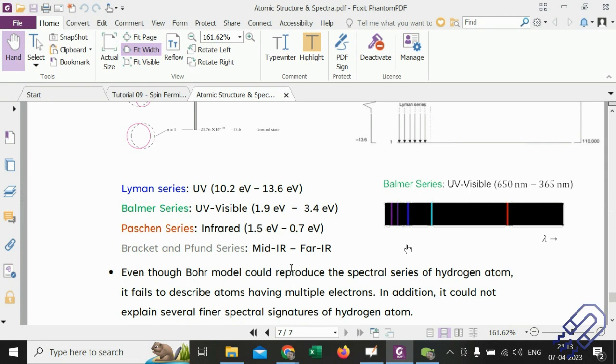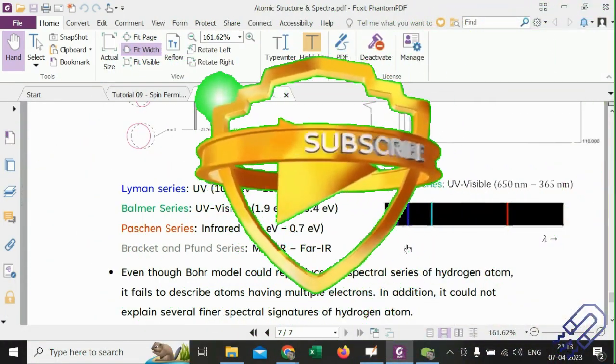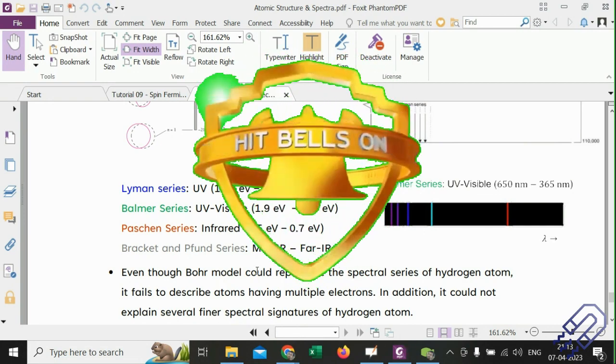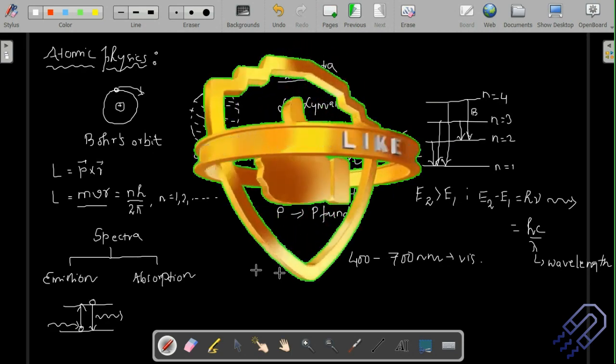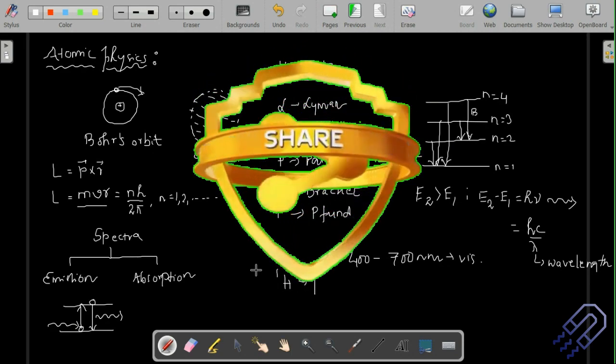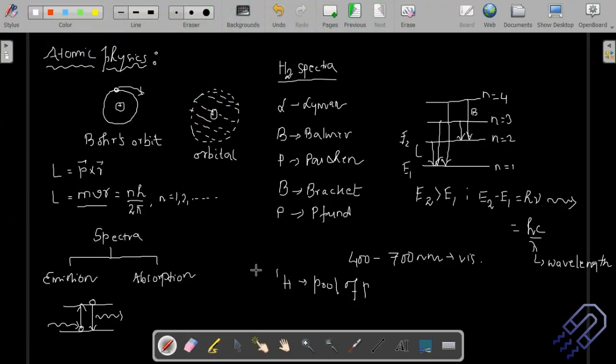Bohr could explain a part of quantum mechanics, but when it came to multiple electron systems, it was difficult. A hydrogen atom, in general, is just a pool of protons. That means there is only one proton here.